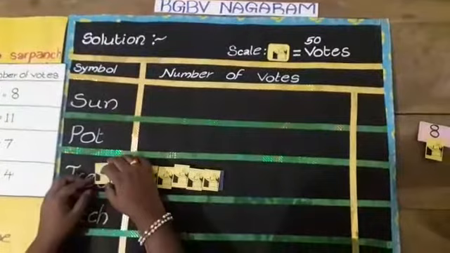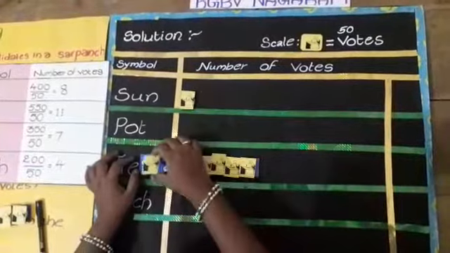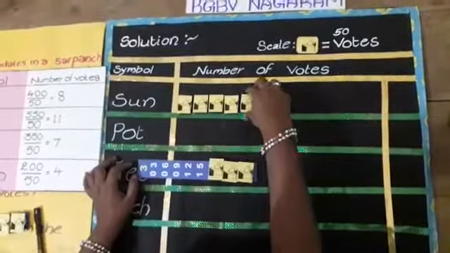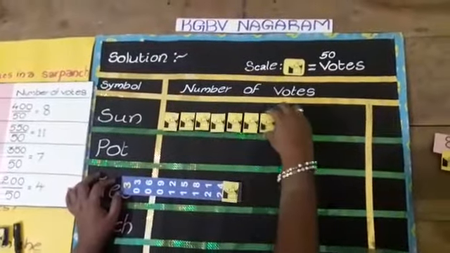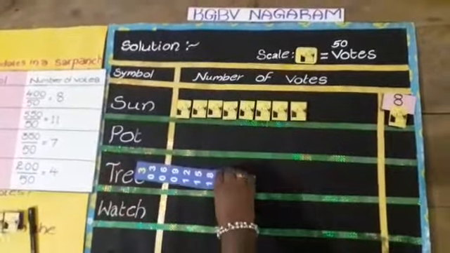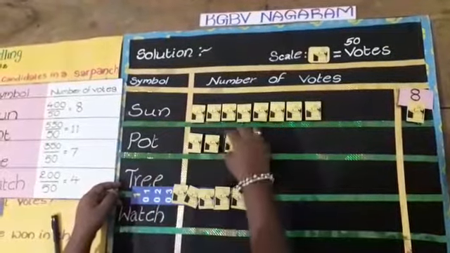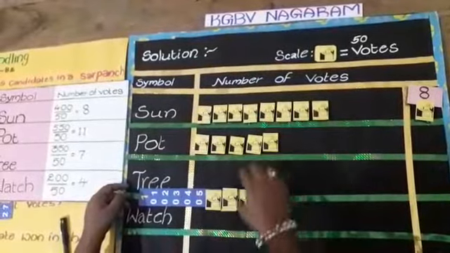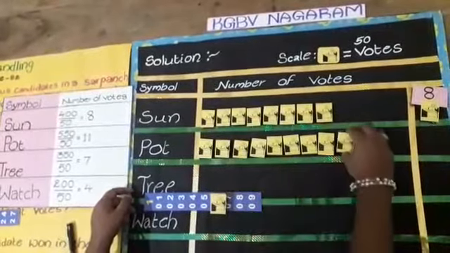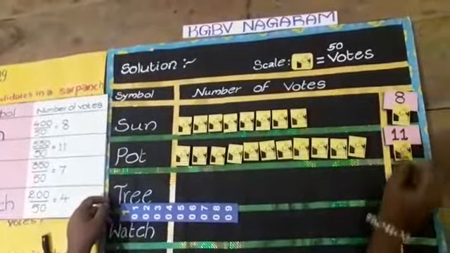Students, now we prepare the pictograph. Here the sun symbol has 8 vote symbols: 1, 2, 3, 4, 5, 6, 7, 8, total 8 symbols. Now pot, 11 vote symbols, that is 11 vote symbols.